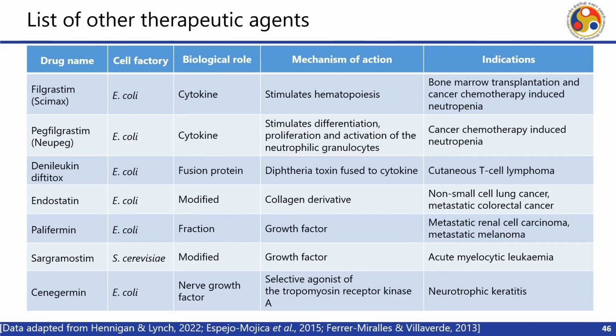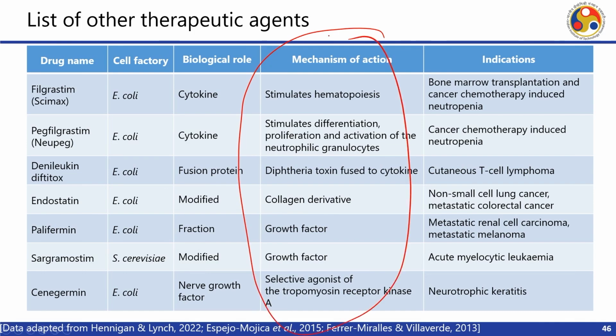So, in this table we can see many therapeutic agents. In the first column we have the drug name and then the cell factory or the organism in which it is produced. Mostly these are produced in E. coli, and then we also have Saccharomyces cerevisiae, and then this column tells you about the mechanism of action.